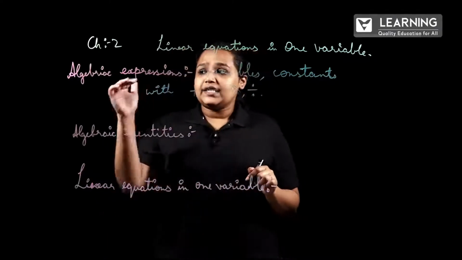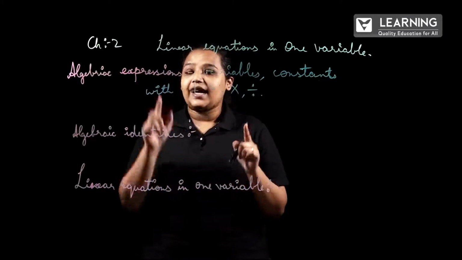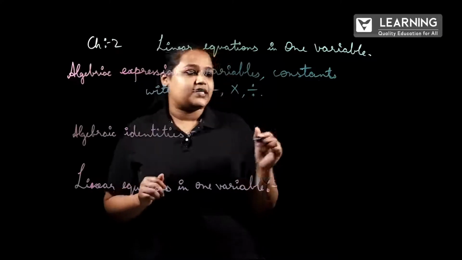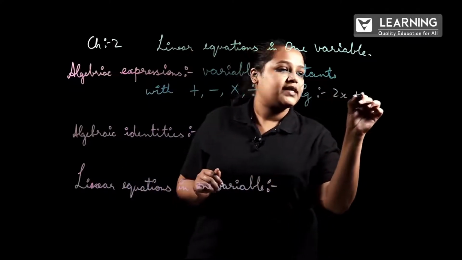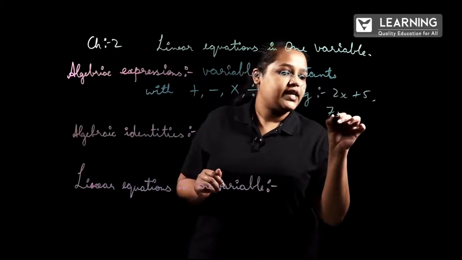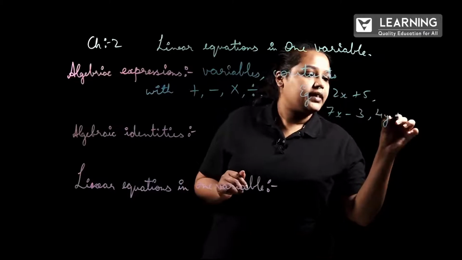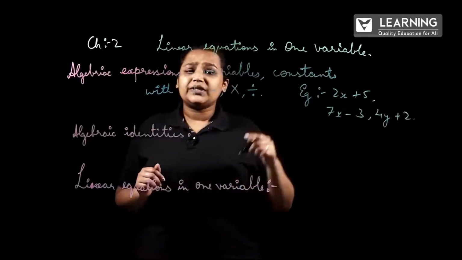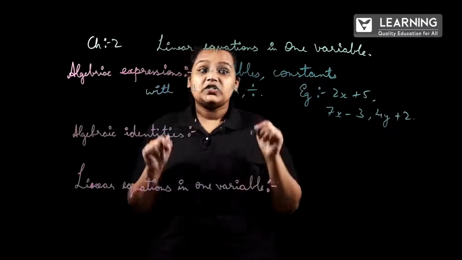So for these algebraic expressions, let me give some examples so that you can understand better. The examples will be 2x plus 5, 7x minus 3, 4y plus 2. So these type of expressions are called algebraic expressions.